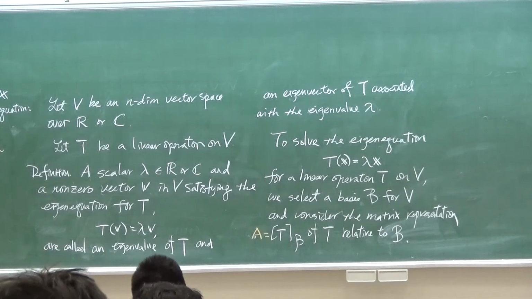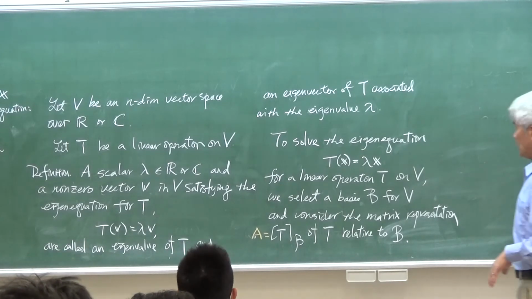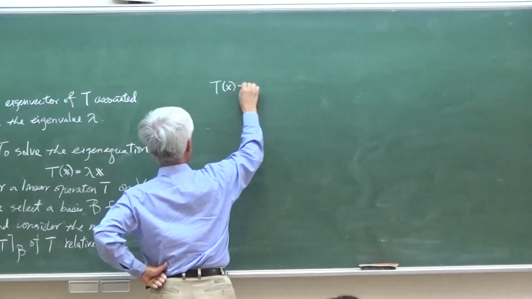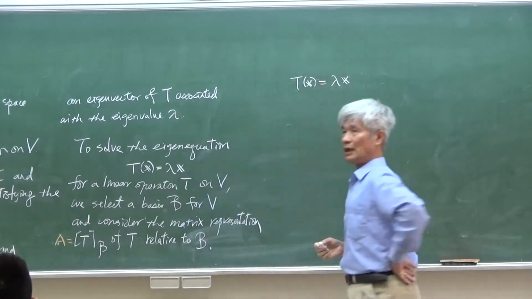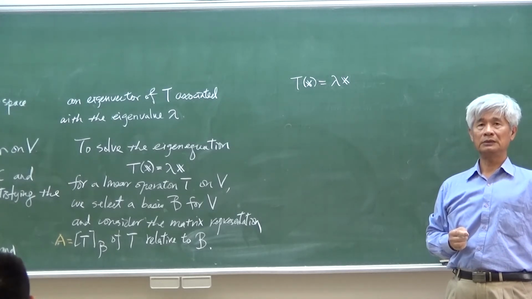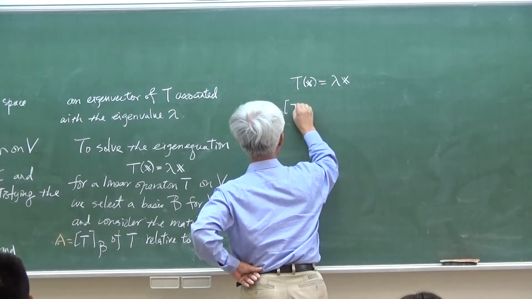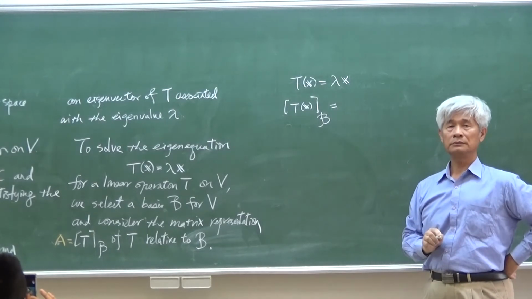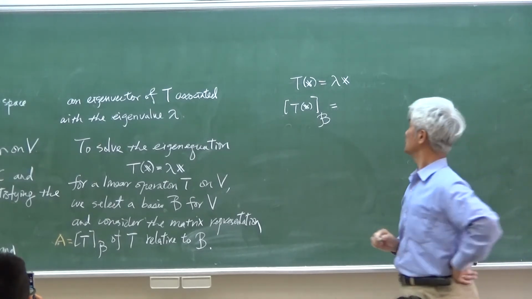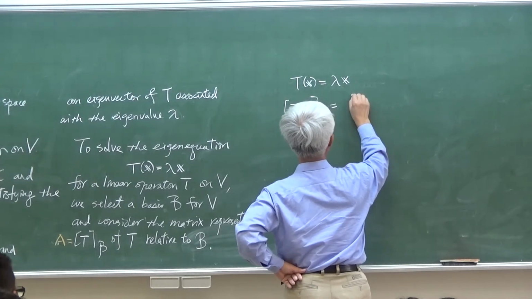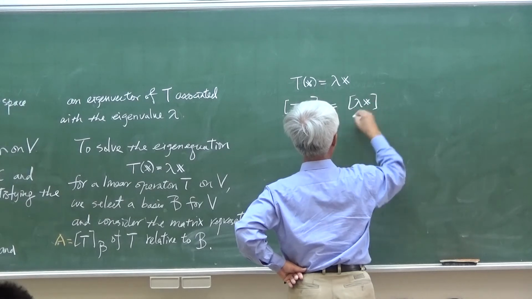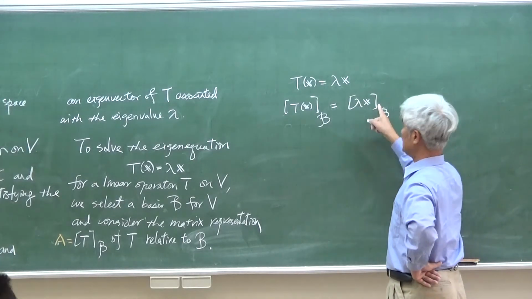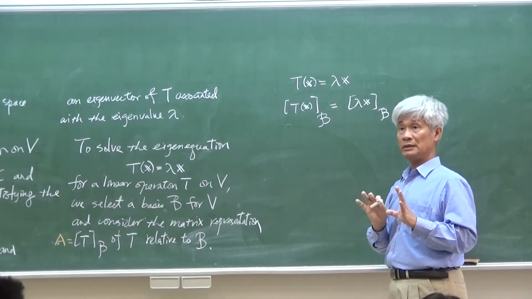Now we return to Tx = λx. This is our eigenequation for the linear operator T. We take the coordinates of all vectors relative to the basis B. But taking the coordinate is a linear transformation.